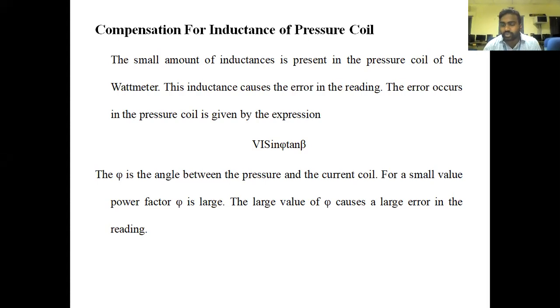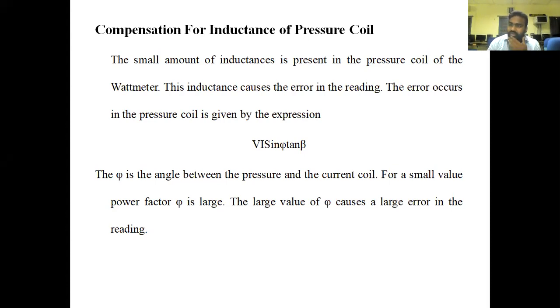The first mechanism is to reduce the current in the pressure coil, and the second mechanism is the compensating coil mechanism. This is the third mechanism, the compensation with respect to inductance of the pressure coil. A small amount of inductance is present in the pressure coil of the wattmeter, and this inductance will create an error.